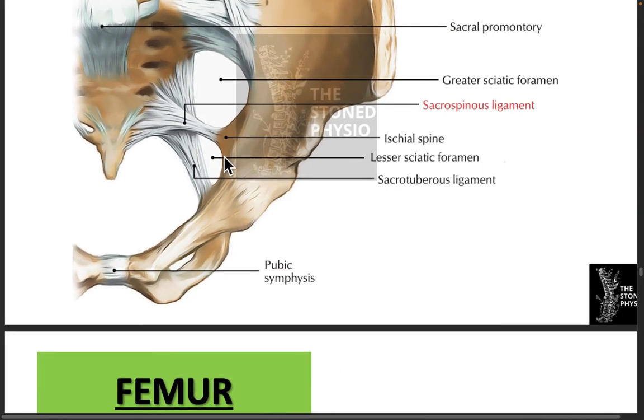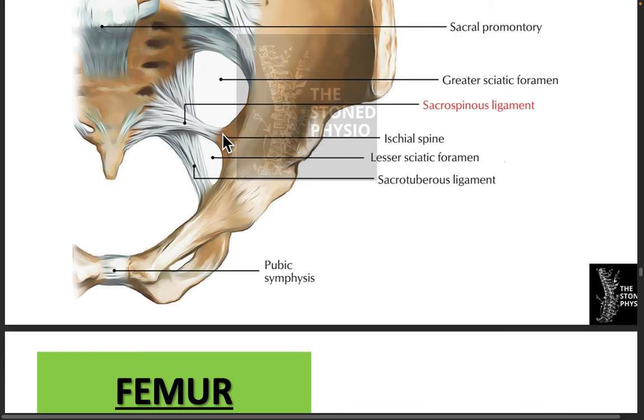This is the ischial spine and then we have got this structure that is called the ischial tuberosity. This is the ischial tuberosity, and that is the pubis anteriorly, ventrally present. This is the ischial tuberosity and this is called the ischial spine.